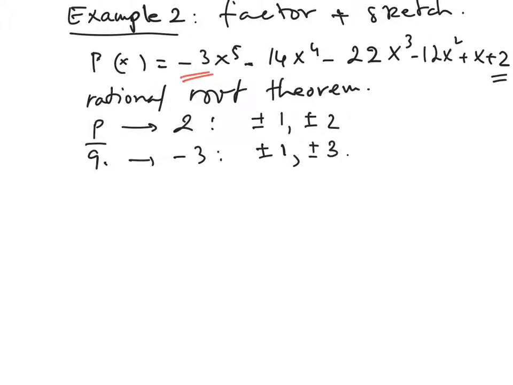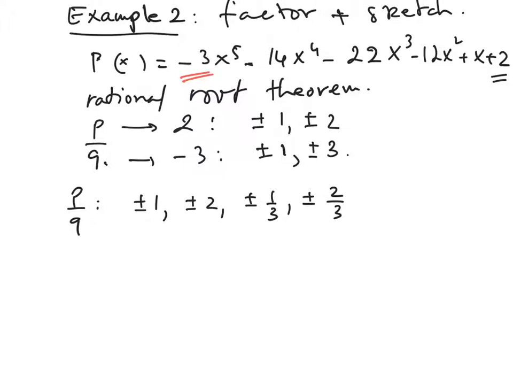Now we make the list p divided by q, so we divide all the values of p's by all the values of q's, and we are going to obtain plus or minus 1, plus or minus 2, plus or minus 1 over 3, and then plus or minus 2 over 3, and then we start testing the possible zeros.